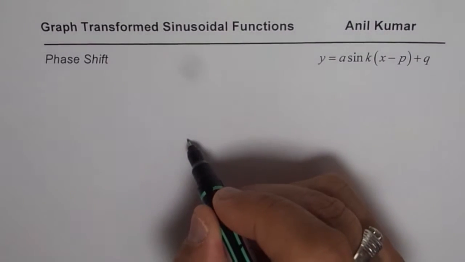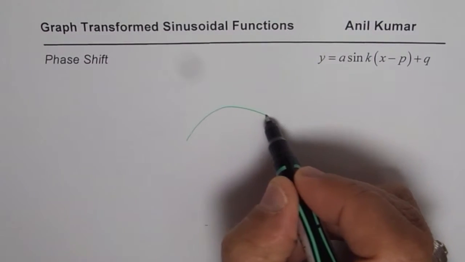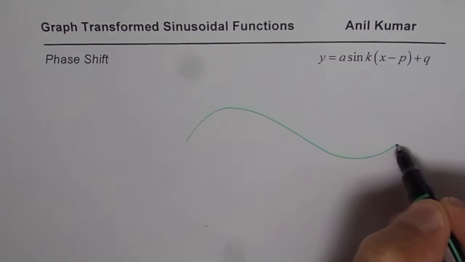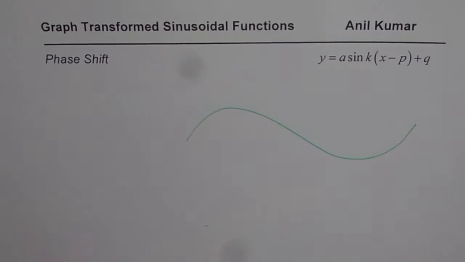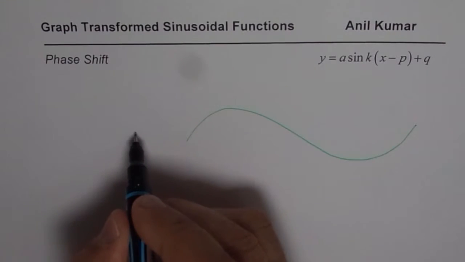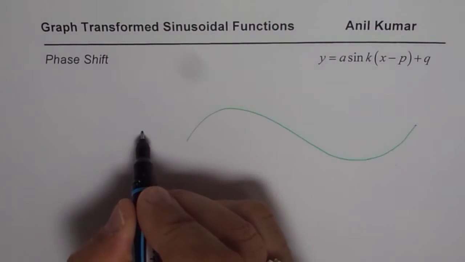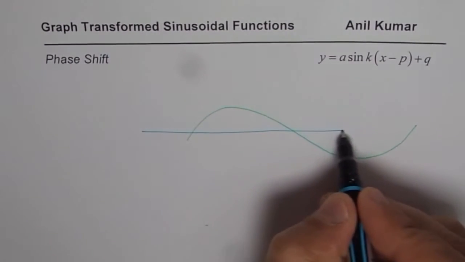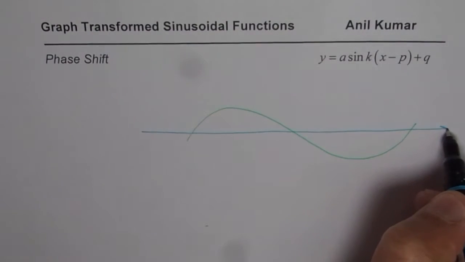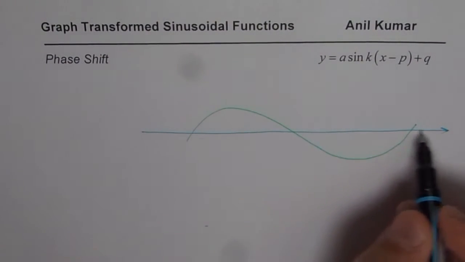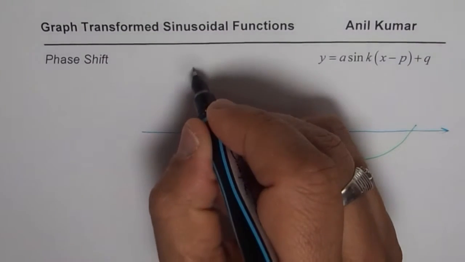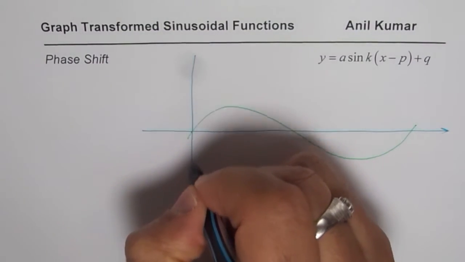So I'll just sketch one wave of the sine curve. So let us say this is my one wave, and now we will see how the position of the wave changes, to be more precise, to incorporate the phase shift in the given equation, right? So let's say that's the x-axis for us, and here we have the y-axis.